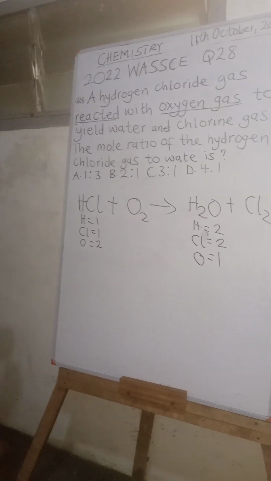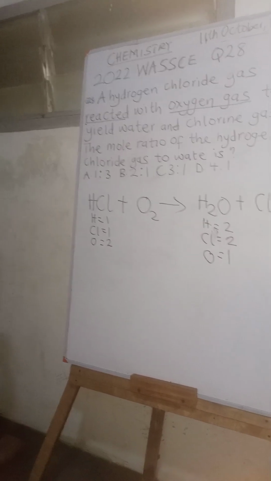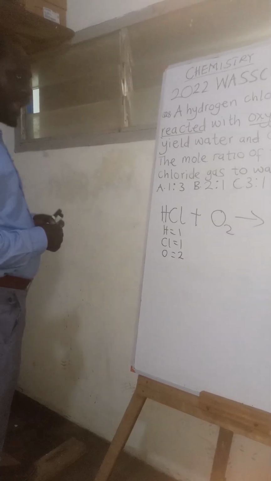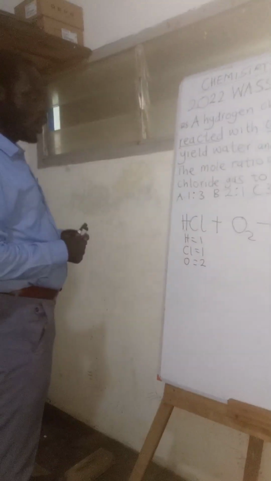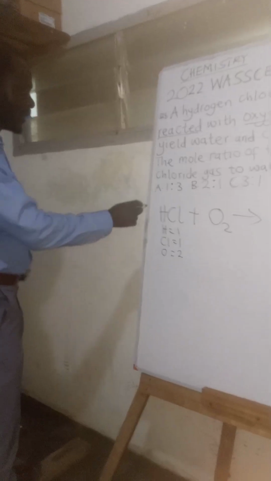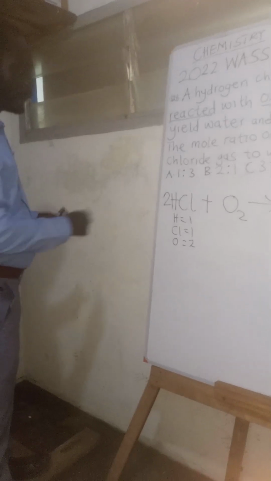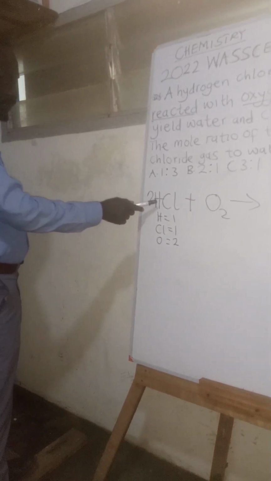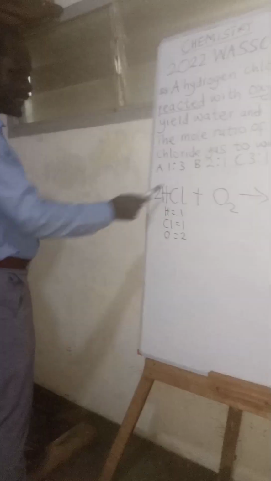So let's balance the equation together. We want to balance the hydrogen and chlorine together, and then the oxygen. So I will place 2 in front of hydrogen chloride. This 2 affects the H and at the same time affects the Cl.